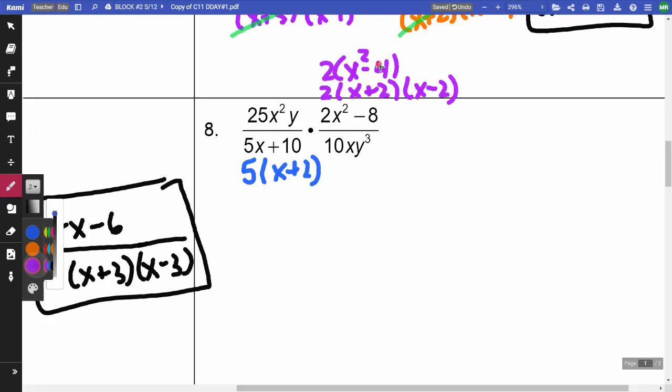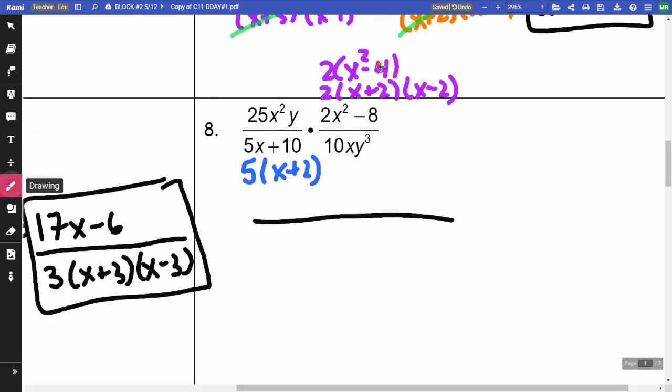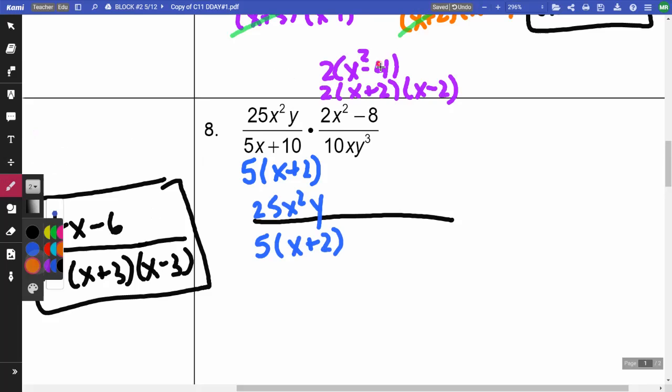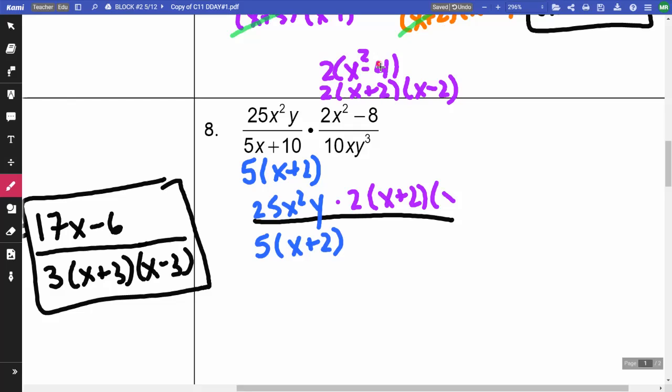So if I rewrite this, I am going to have my 25x squared y and my 5 times x plus 2. And from the other fraction, I have a 2 times x plus 2 times x minus 2.